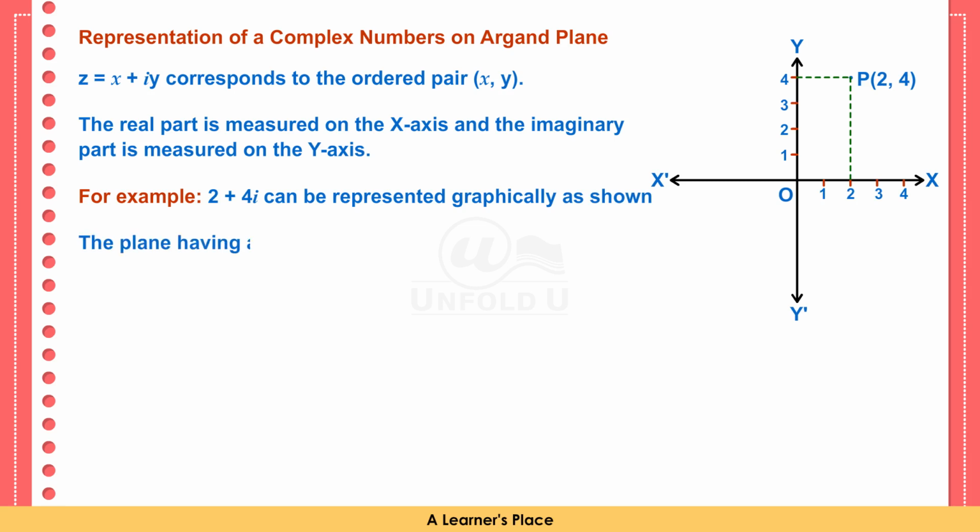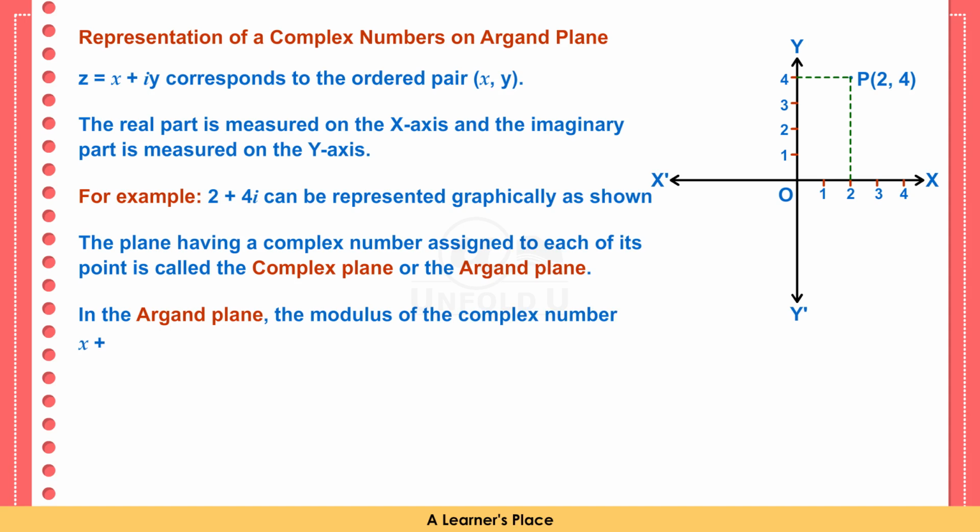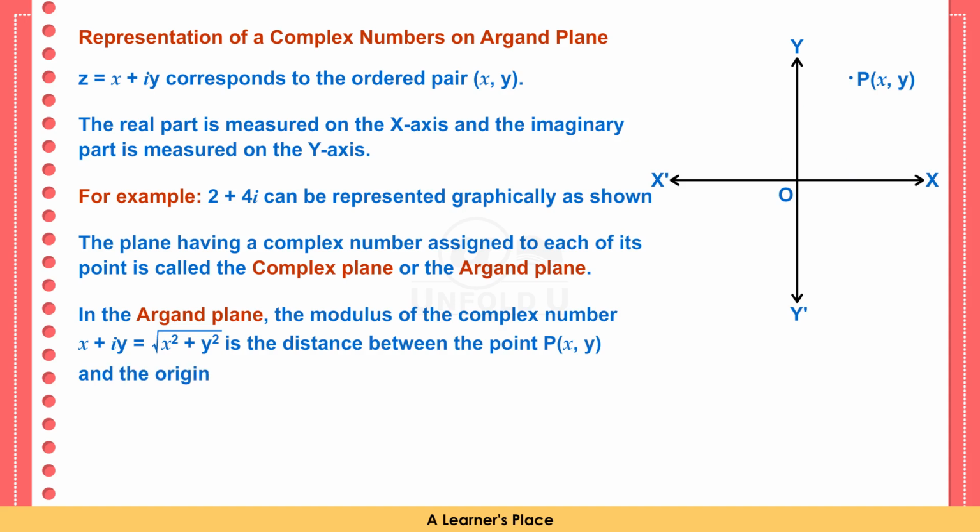The plane having a complex number assigned to each of its points is called the complex plane or the Argand plane. In the Argand plane, the modulus of the complex number x plus iota y, which is equal to square root of x square plus y square, is the distance between the point P(x, y) and the origin O(0, 0).